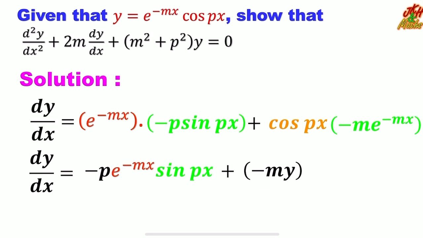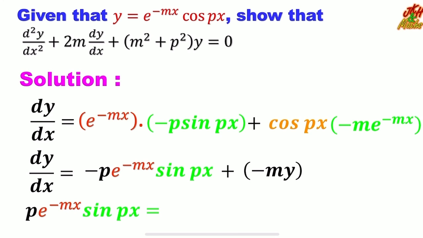By adding p e raised to the power of negative mx sine px to both sides of the equation, we get the left hand side equal to p e raised to the power of negative mx multiplied with sine px.